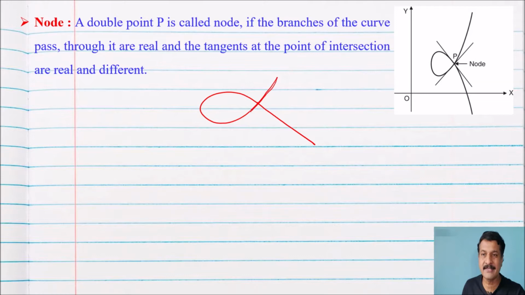The first branch is this one, and the second branch is this. So two branches pass through, so this is a double point. At this point, if we draw the tangent for the first branch and the second branch, the tangents are real and distinct, two different tangents at the point P, then that point is known as a node.